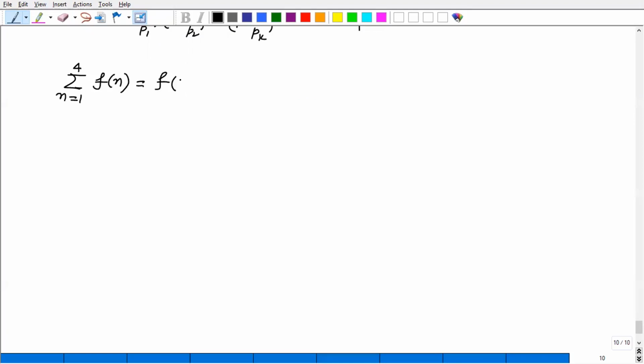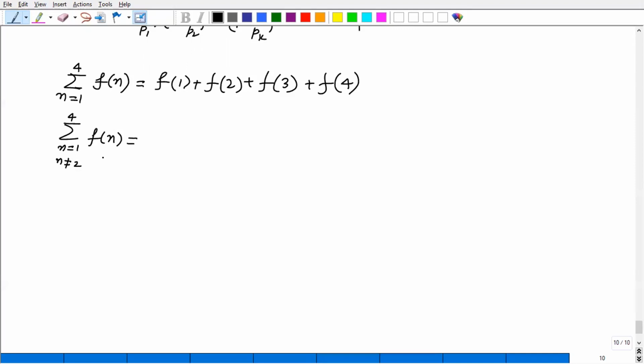So f1 plus f2 plus f3 plus f4. We can use some exceptions here as well. For example, if we use sum n is equal to 1 till 4 and n is not equal to 2, f(n). So in this case, we omit n equals 2 here. So this will be f1 plus f3 plus f4.